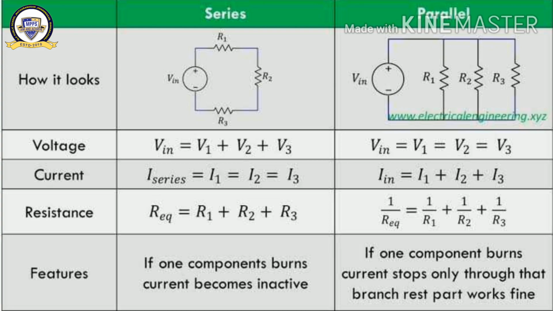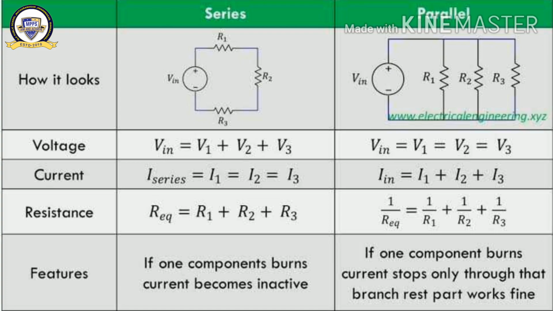In series combinations, resistances are connected end to end, that is, the second end of the first resistor is connected to the first end of the second resistor, and so on. You can see in the figure the type of combination which is in series.